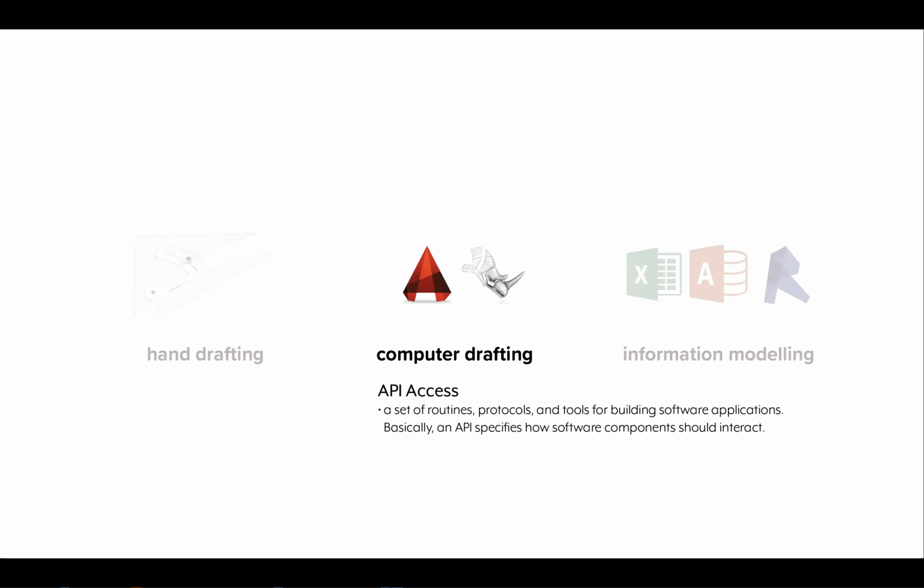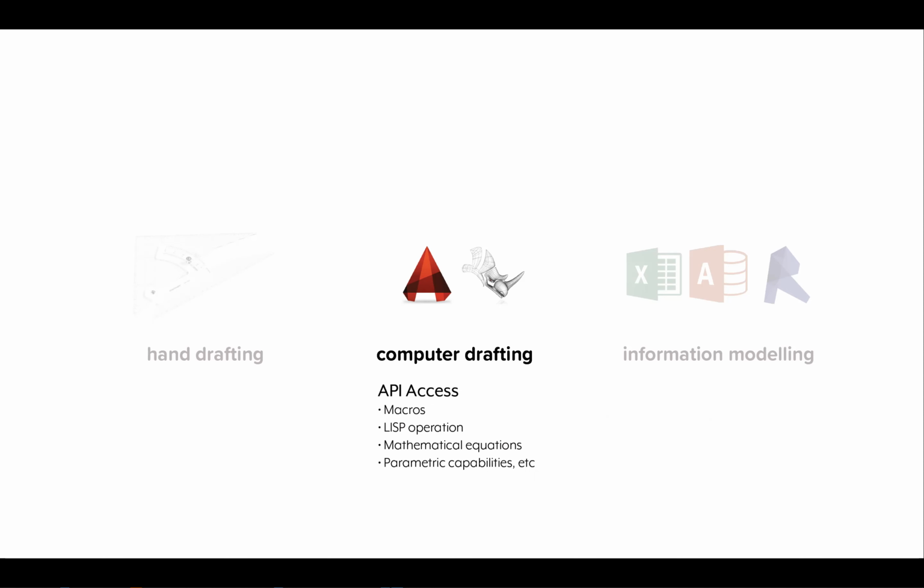But the whole idea of the information age didn't really start now. People started playing around with API access, which is pretty much the software companies opening up a portion of their software to have people hack the system to do what they want. And people have been doing that through macros. I don't know anyone here who ran Lisp operations.